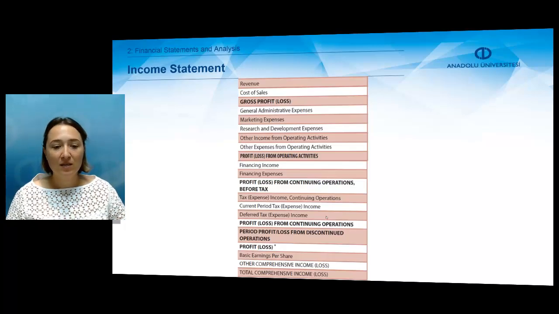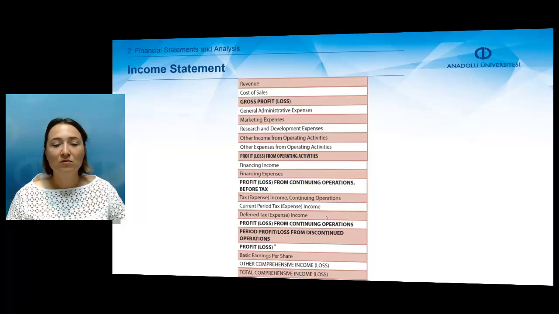If we subtract costs and expenses from earnings or incomes, in the end we will reach a profit or loss item. So in this slide we can see that if we subtract cost of sales from revenue, we will reach a gross profit or gross loss.